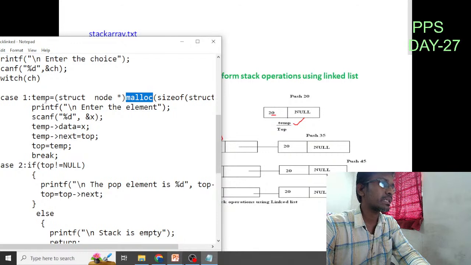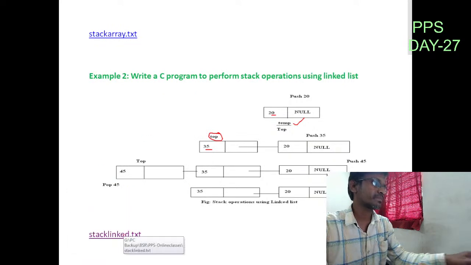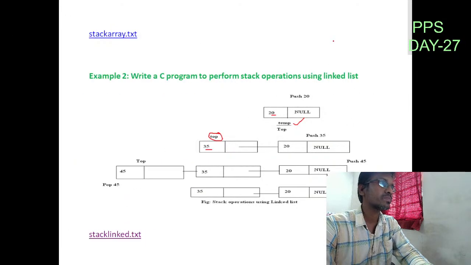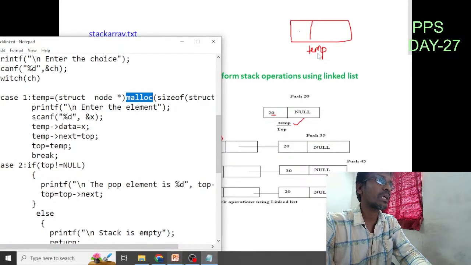So for example, here I will draw the node, which contains two fields: a data field and the address of the next node, and the name of the node will be temp. By using the malloc function, I'm going to allocate the memory for the temporary node. So after that, what I have to do, I'm going to read the data from the keyboard.